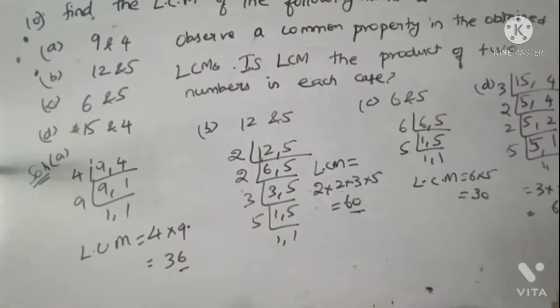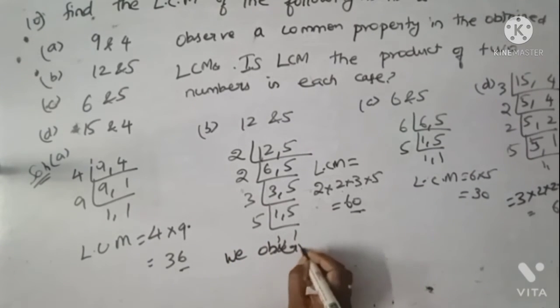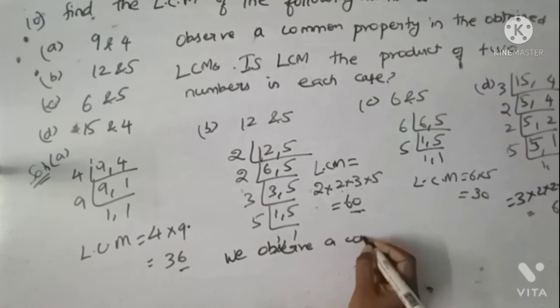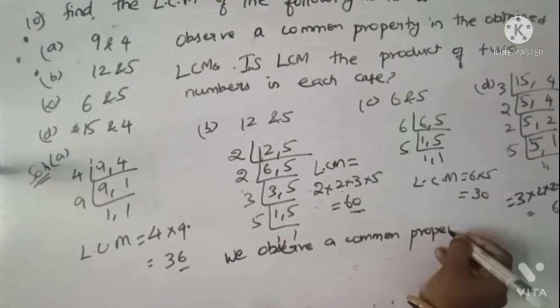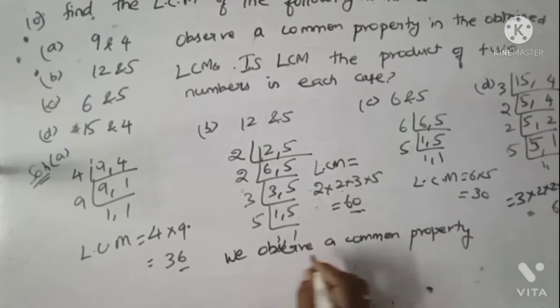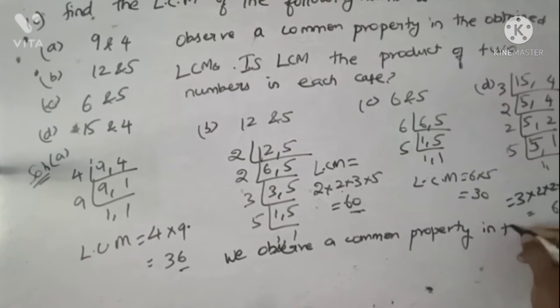Okay. So this is 3 into 2 into 2 into 5. Okay. So 3 2s are 6, 6 2s are 12, 12 5s are 60. So therefore we observe a common property in the obtained LCMs.